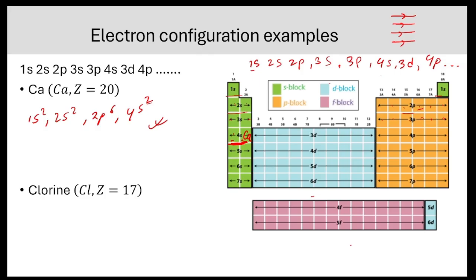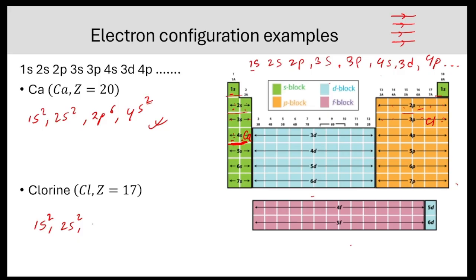Similarly, if we look at chlorine, so this is 20, 19, 18, 17, so chlorine is there. And if chlorine is here, we can see 1s, and for 1s we have one block, two blocks, so we have 2, and for 2s again 1 block, 2 blocks, 2 boxes.